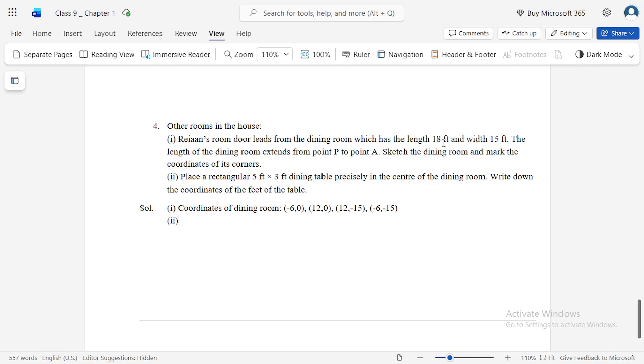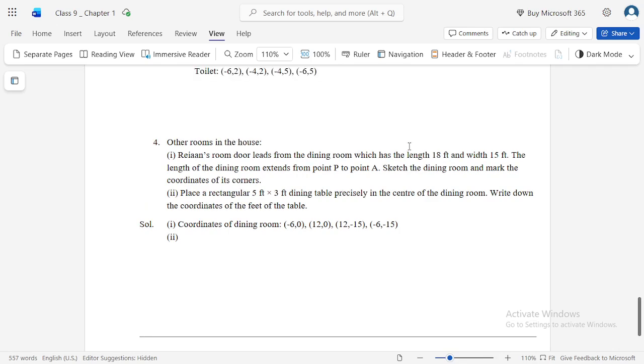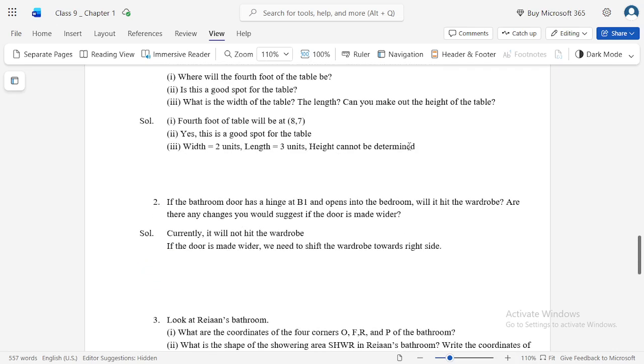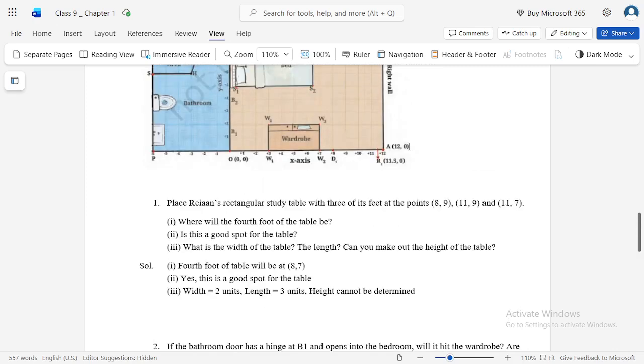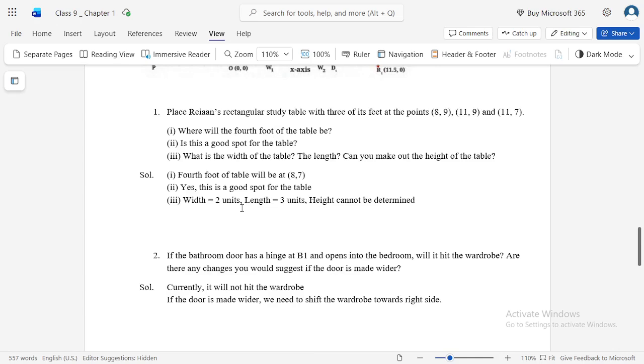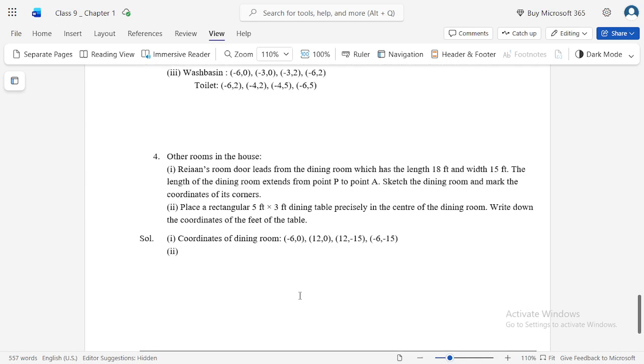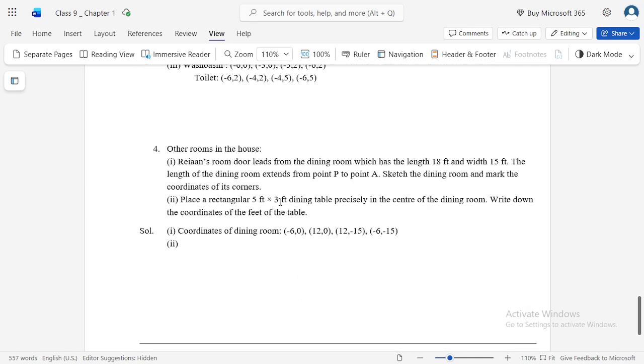So the table will be placed 6.5 units from the left wall. So this is 6 and another 0.5.